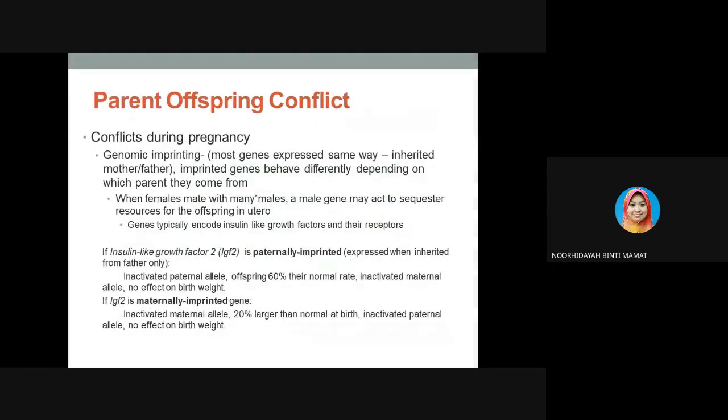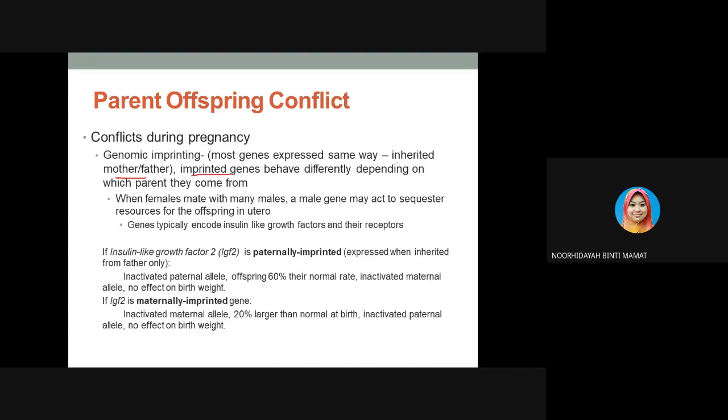So this is the conflicts during pregnancy. In genomic imprinting, most genes are expressed the same way, whether inherited from a mother or a father.